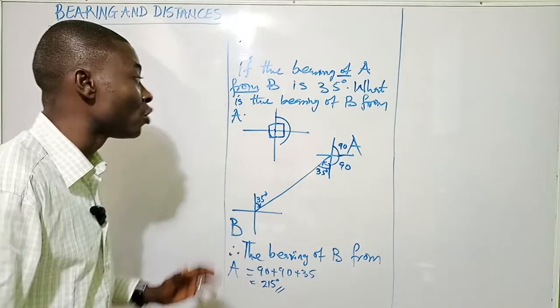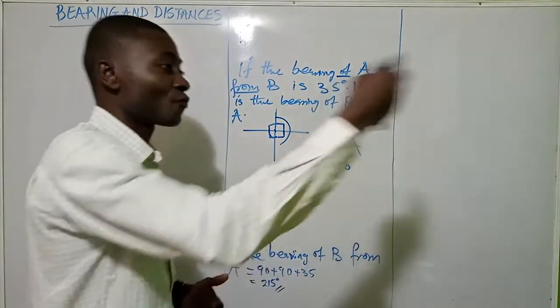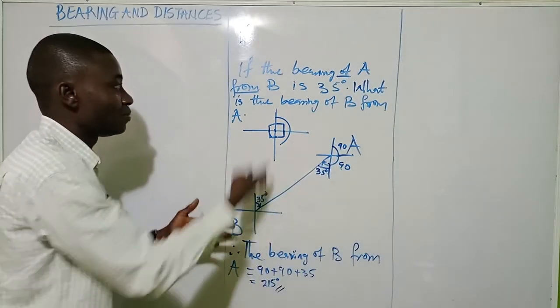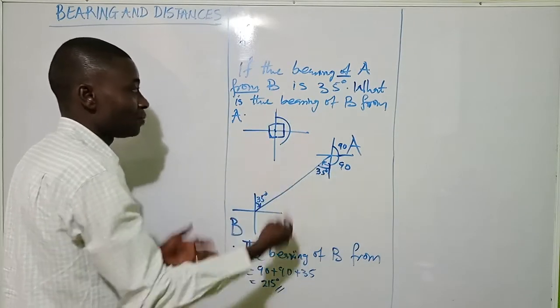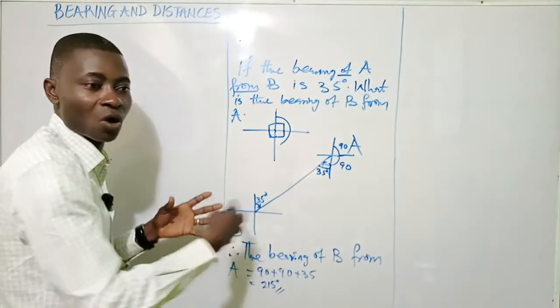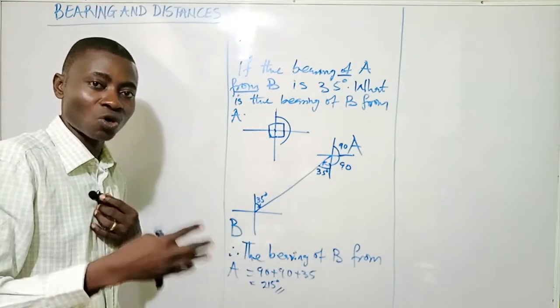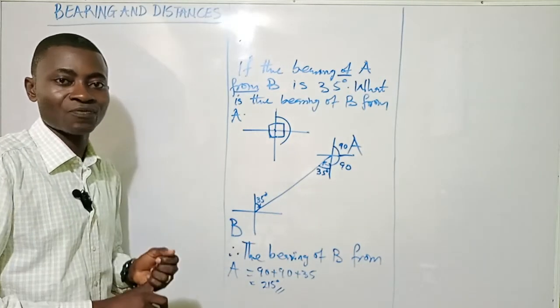So apart from knowing the meaning of of and from, just like what you are seeing here, the bearing of A from B, and the bearing of B from A, you also need to have a very good understanding of sine formula and cosine formula.